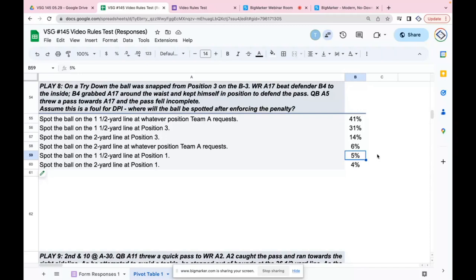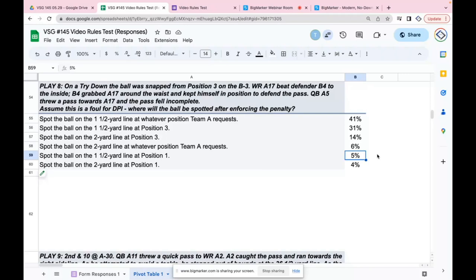All right. Well, let me ask you this. Start first and goal at the 3, position 3. We have this play. Oh yeah. Corey, I think you're right. What you just said, Brandon. Yeah. First and goal at the 3, position 3, and we have this play, but it's not a try.